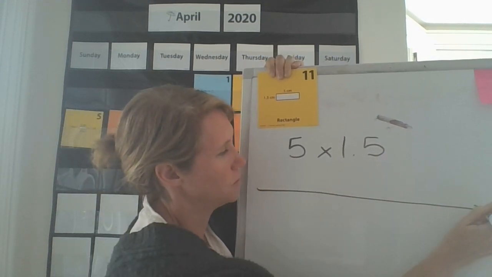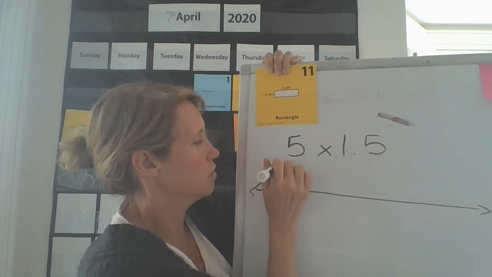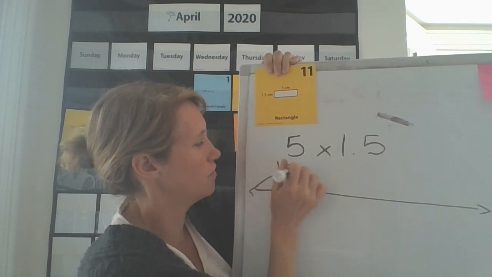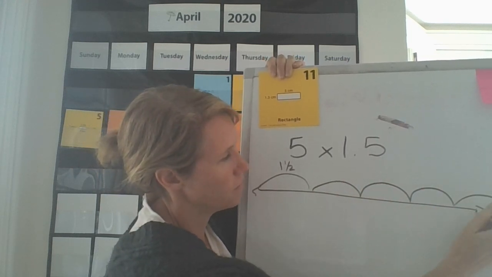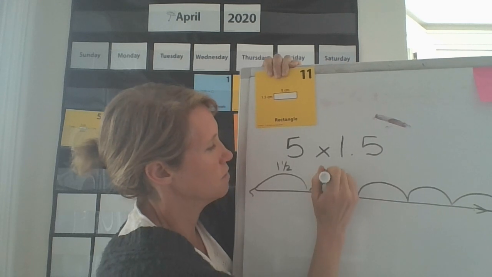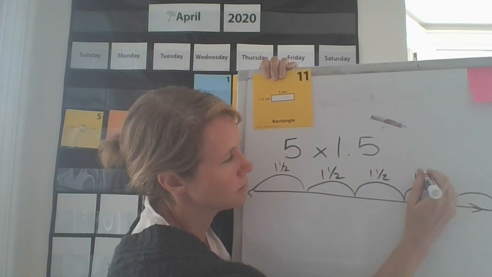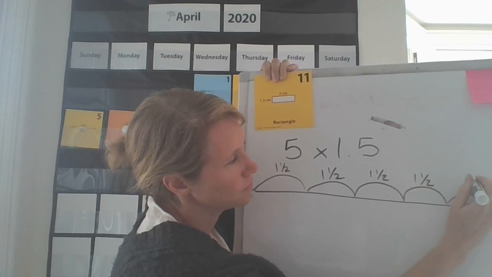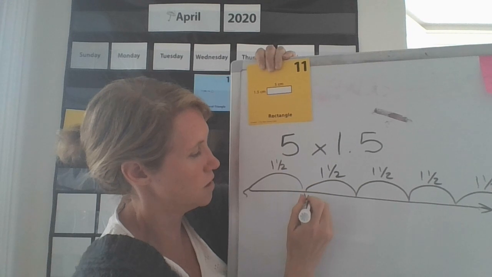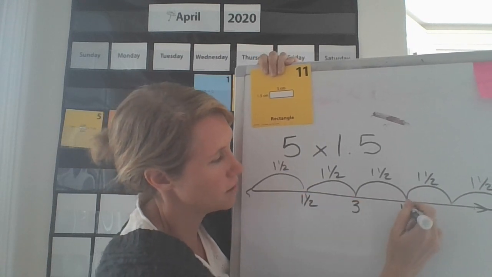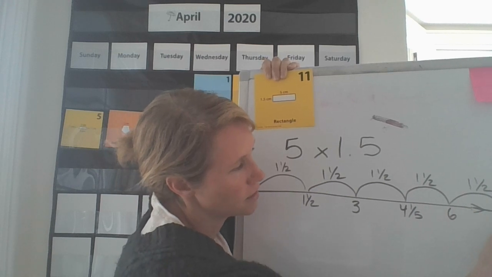I could also have used a number line to find the area and done 5 jumps of 1.5. So here's my number line. I could have said 1.5, 2, 3, 4, 5, right? Okay, and that would get me to 1.5, 3, 4.5, 6, and then 7.5.